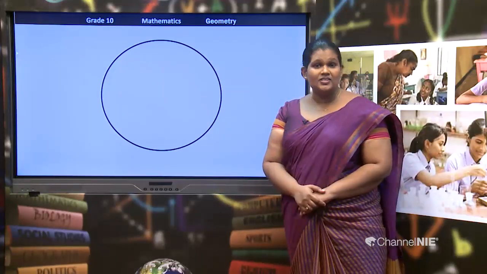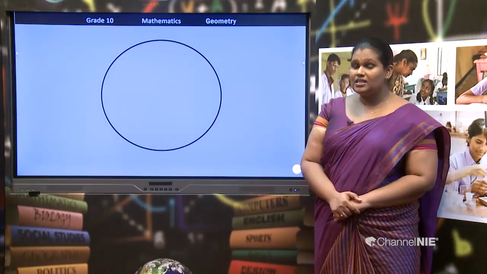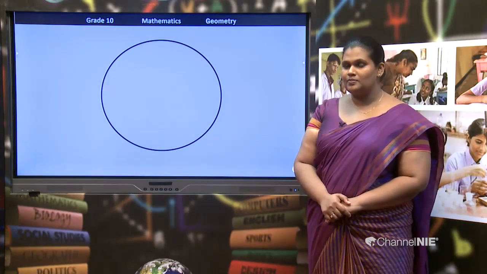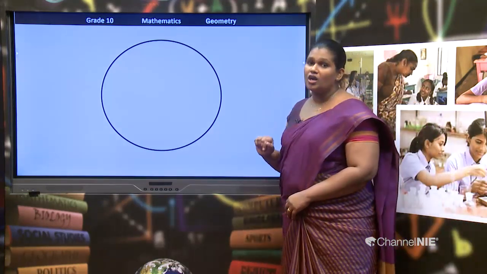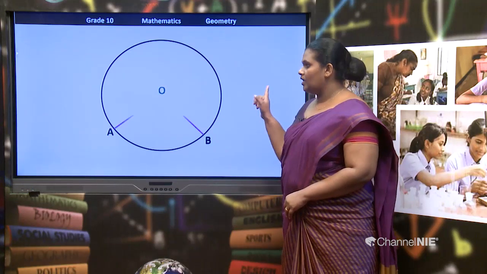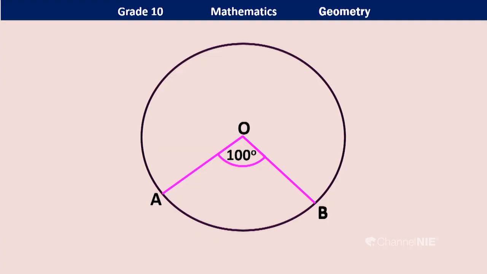Now, that is about the second theorem we have learned. Using the knowledge of the first 2 theorems, check whether you can understand this one. Now, here I have got a circle. The center of the circle is O and I have marked a minor arc AB, and here we have marked an angle AOB, which is the angle subtended on the center of the circle by the minor arc AB.